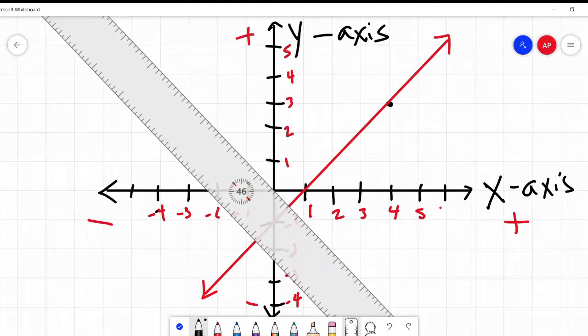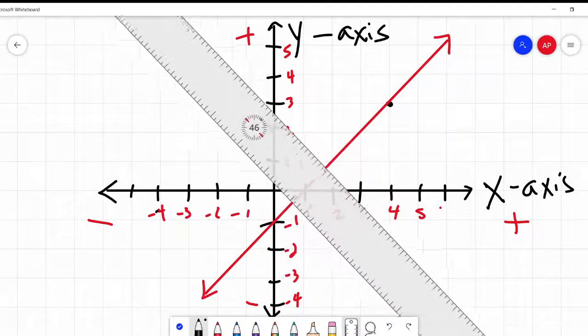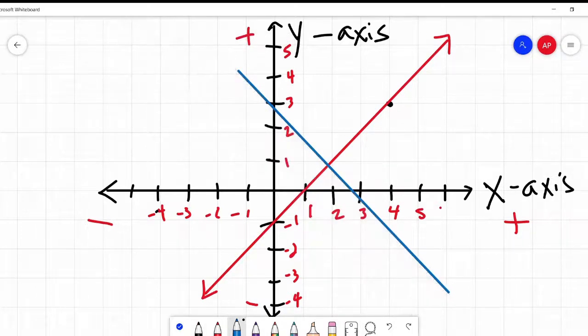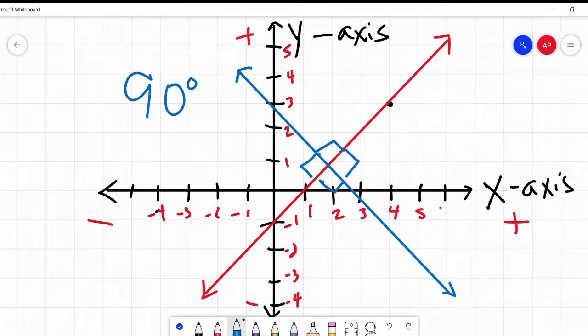Okay. All right. Our other type of intersecting lines or other line interaction is like this. Can you see what's special about these? These are right angles all the way around. Right angles are 90 degrees.